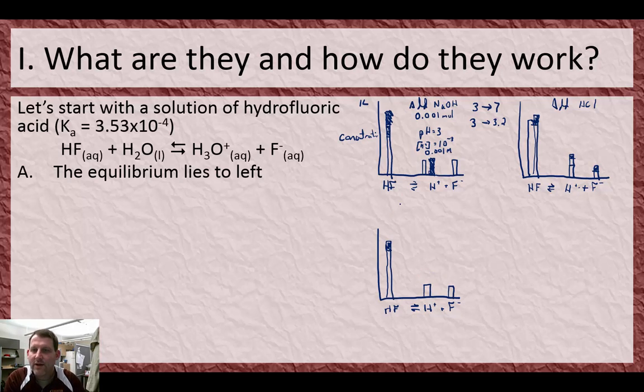And we said it's a really good buffer. This is a really good buffer for bases because there's all this extra reservoir of H+ that can be dissociated to replenish the H+ that gets used up.